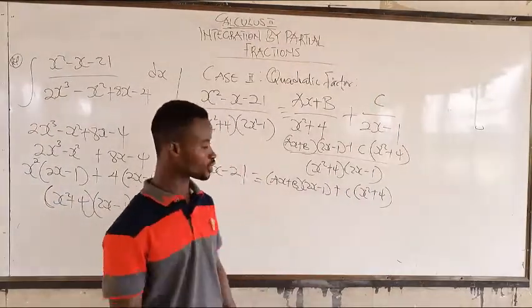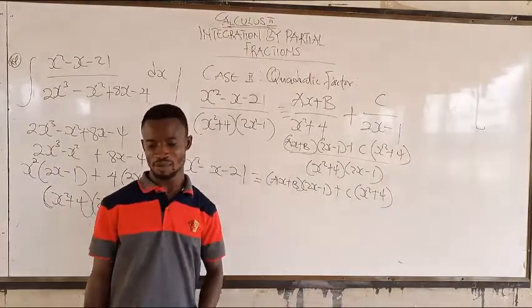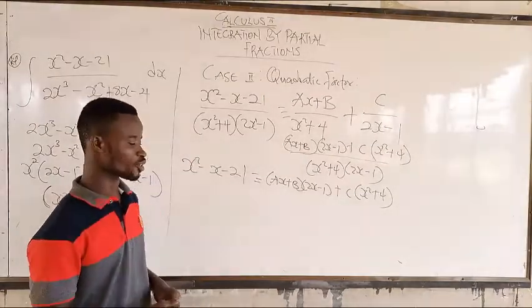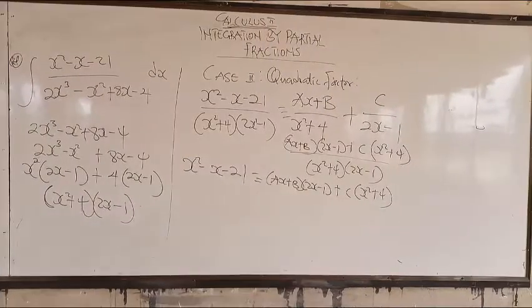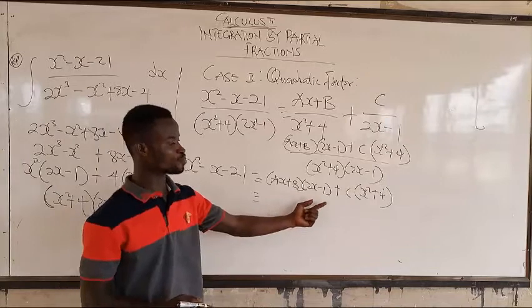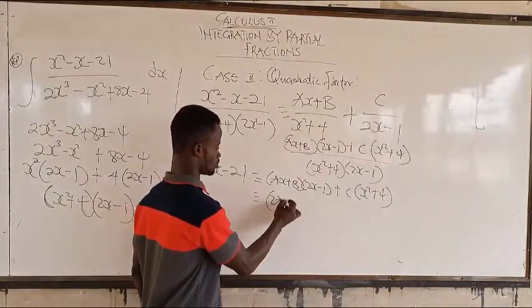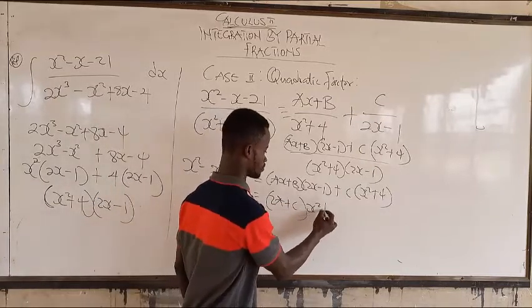Alright. So you can pause the video and expand and simplify it. I'll come back to give you the term so that we compare. So when you expand and simplify, you are going to get, make sure you have done it.